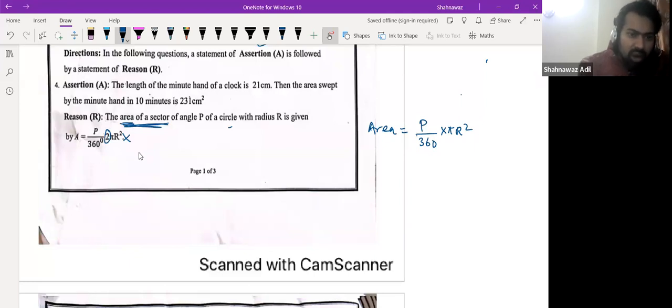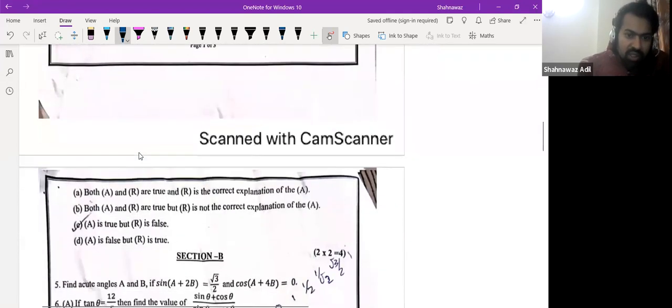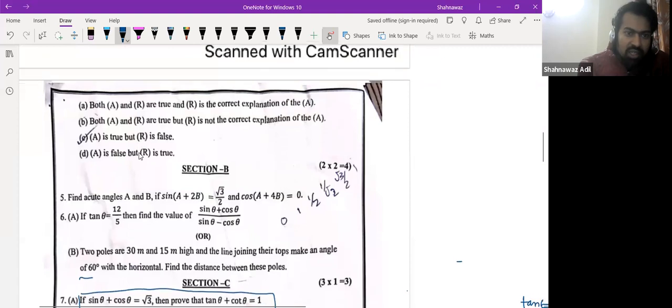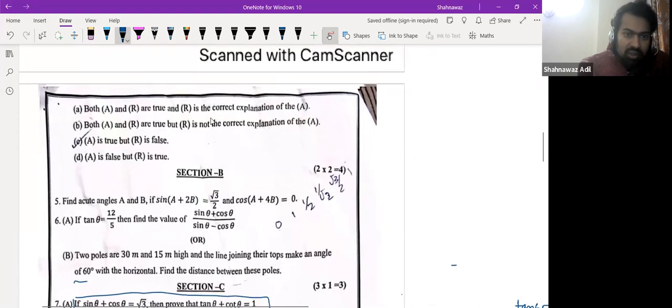So let us look at the options that we have. In this one they are saying that reason is true, and in this one also reason is true. Option C is the only option where they are saying that reason is wrong.